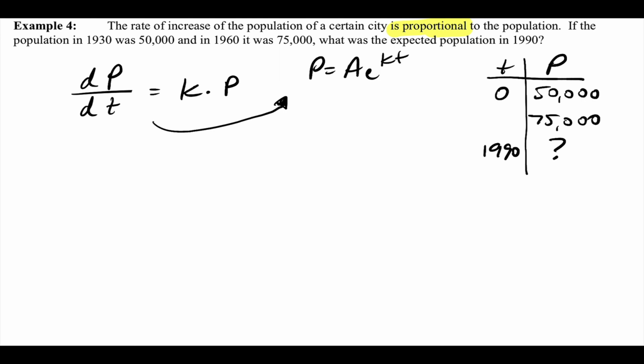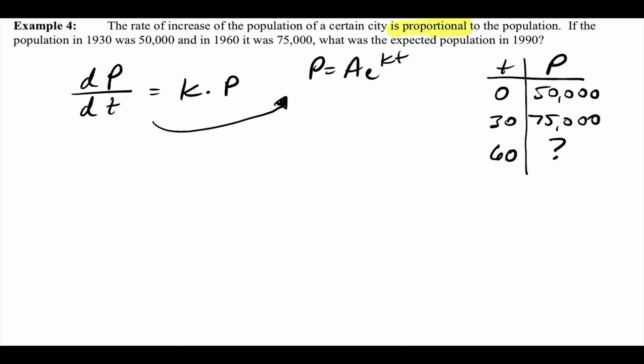If that's 0, what is 1960 going to be? 30. And then 1990? Okay. Much better. Is it wrong if you did it the other way? No, it's not. But you guys have seen the kind of numbers we're plugging into our calculator. Let's try to minimize that.